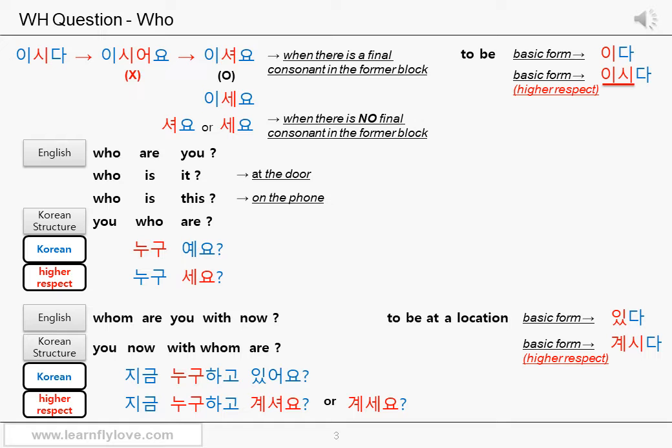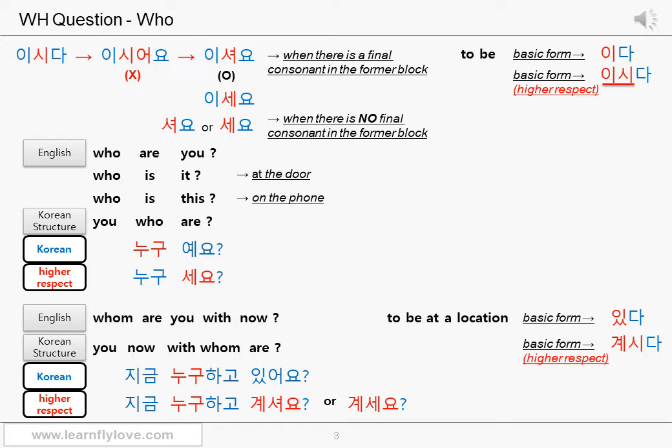Are, we're gonna use the predicate 있다 this time. When do we use 있다? It basically means to be at a location, as you know, or when something is in, at, or on somewhere, something or someone is located in, at, or on somewhere. Something, someone is somewhere.